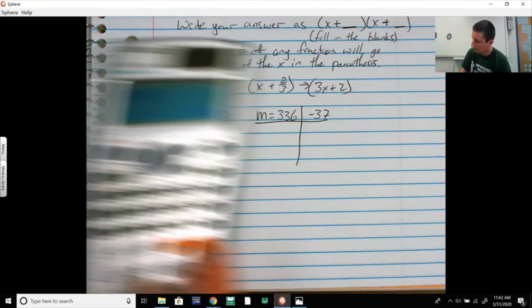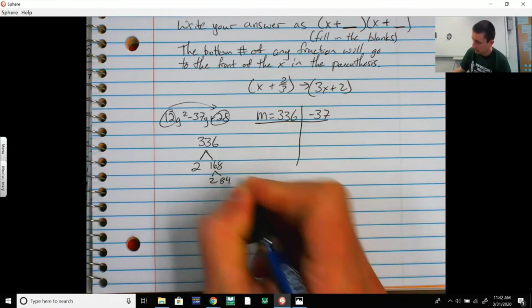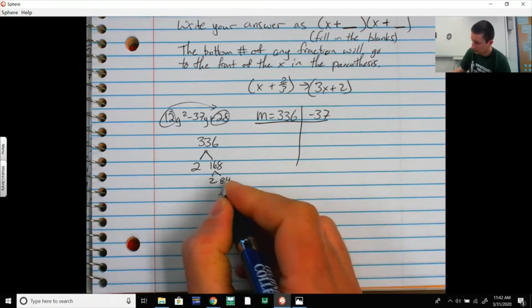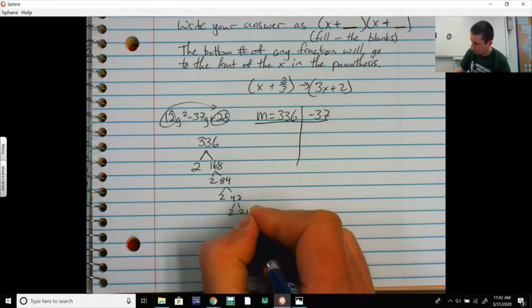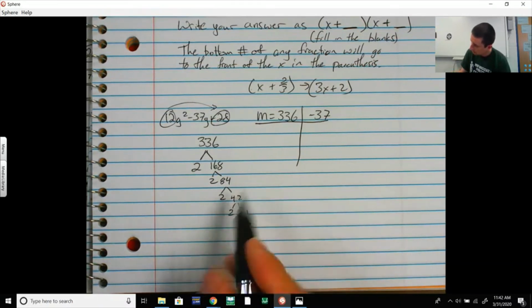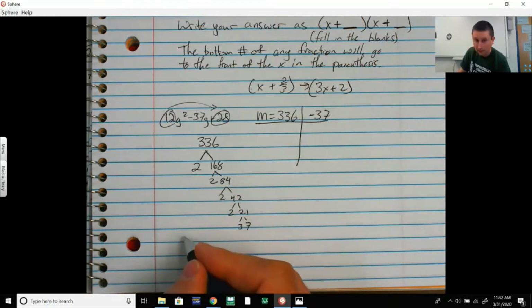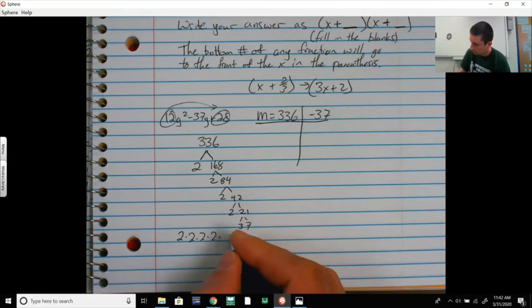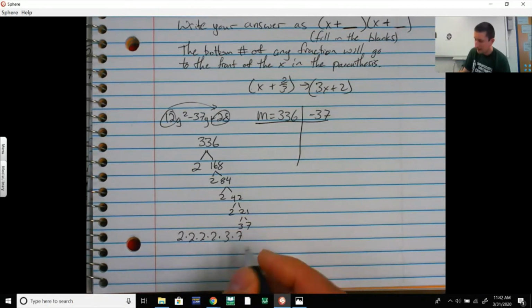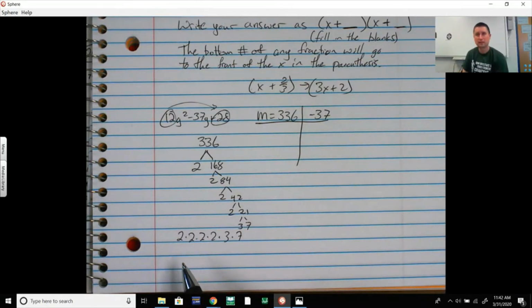Divide that by 2, we get 84. Again, another even number, so 2 goes into that, that would be 42. 2 goes into that, that'd be 21, and then we have a 3 and a 7. So notice 336 is made up of 2 times 2 times 2 times 2 times 3 times 7.